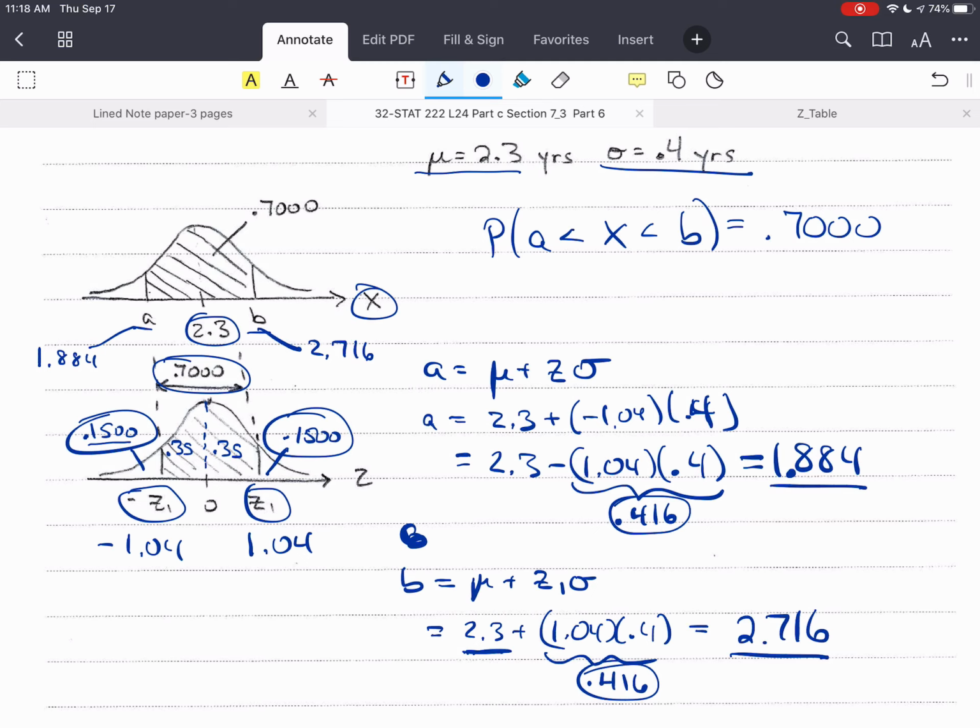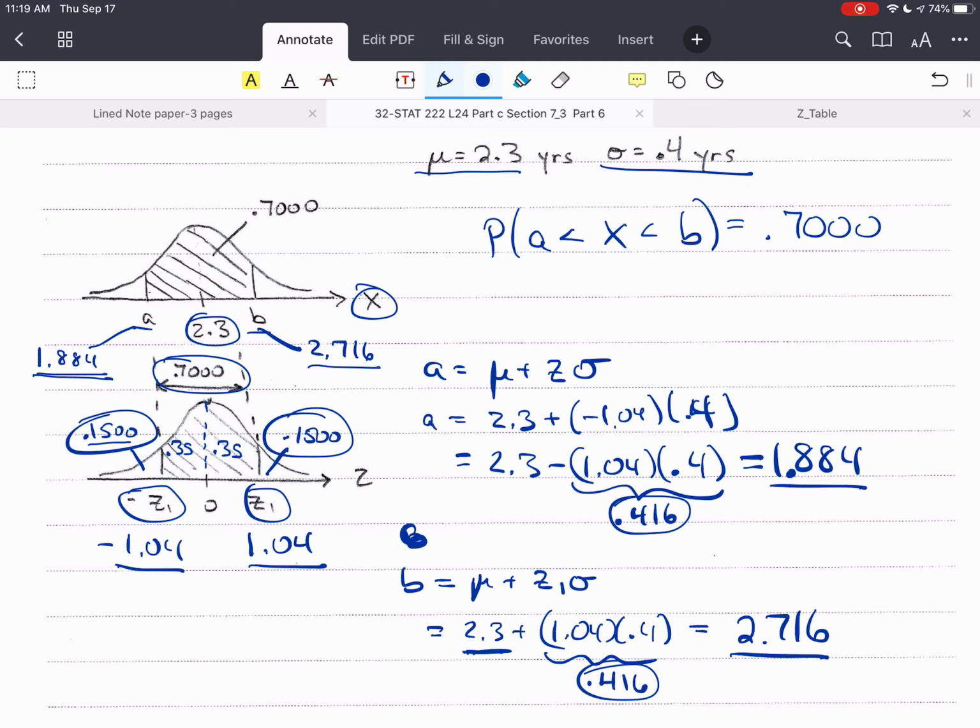Now, I have had students who thought that because it was true for the z-scores, that this value is the negative of this value, that the same would happen here. But that doesn't make any sense. If you find this value and it's 1.884, this value that's more positive, that's higher than that, is certainly not negative 1.884, is it?